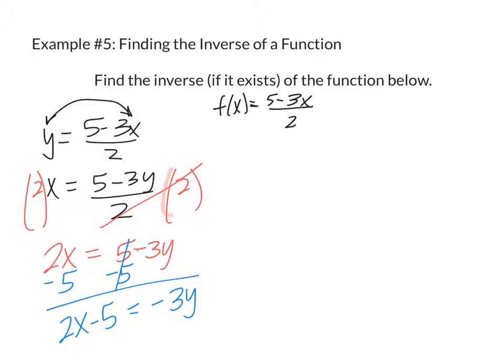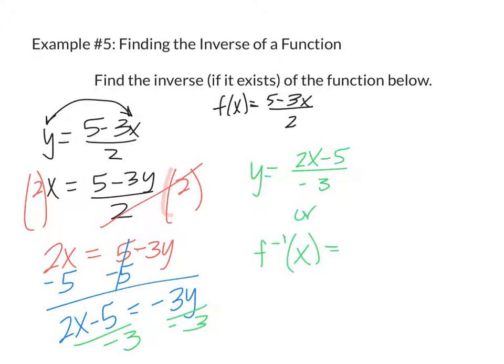Then our last step will be to divide by negative 3 to everything. So that means that y will equal 2x minus 5 over negative 3, or the inverse of f is equal to 2x minus 5 over negative 3.